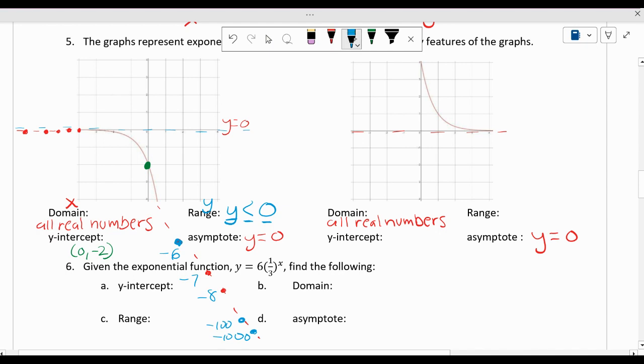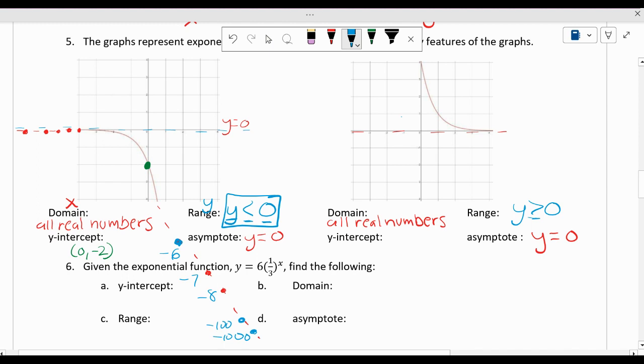The range, you have two options. The option you saw in the one we just did, so y is less than 0. Or what happens when the graph is on the top, not on the bottom. In this one, the graph is on top. When the graph hits all the positive y values, we say y is greater than 0. My graph is above 0.